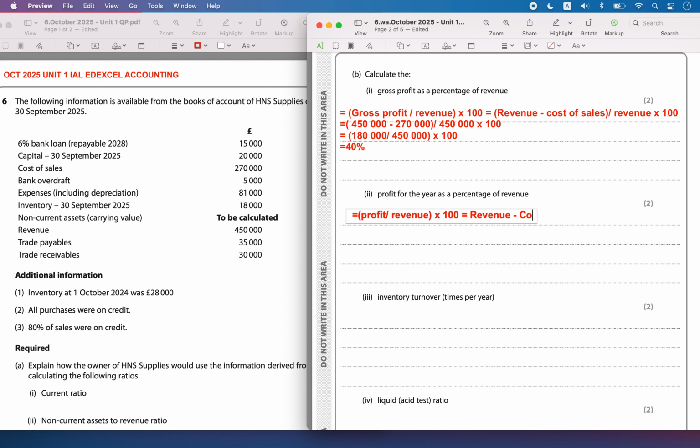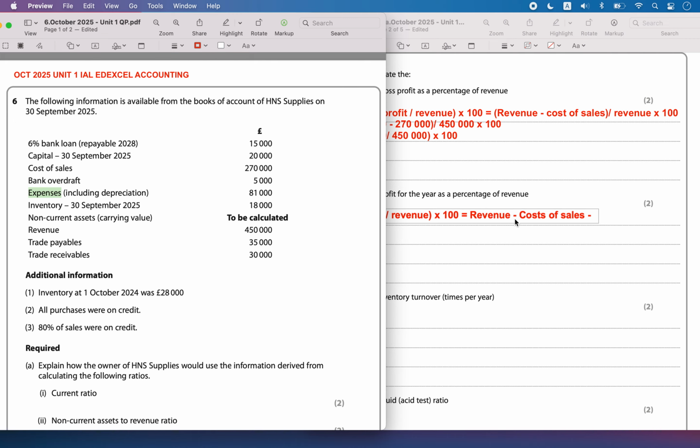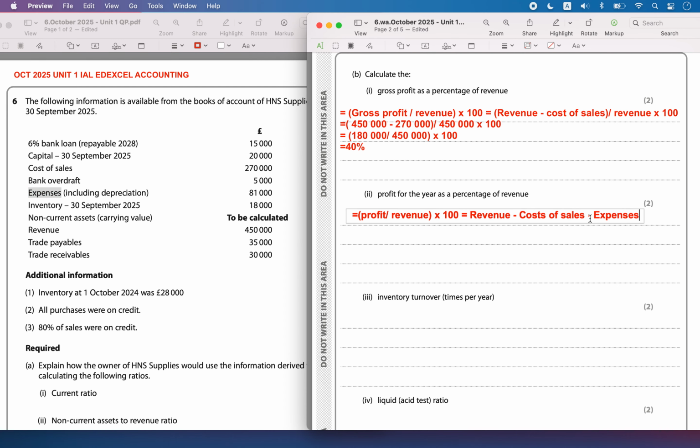That is revenue minus cost of sales, minus the expenses. You do this entire thing to get the profit, divide by revenue, and then multiply by 100.